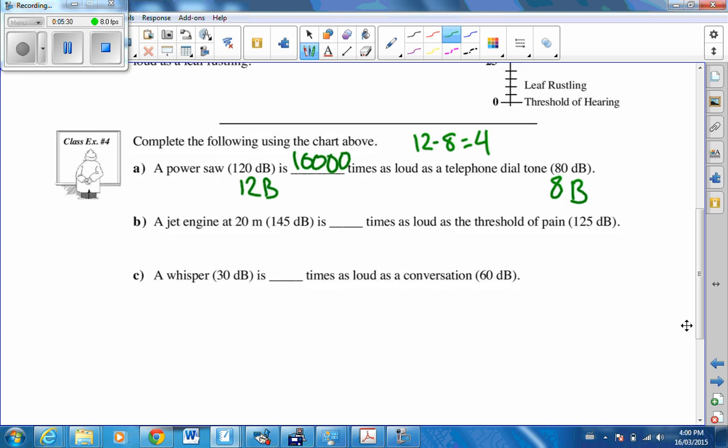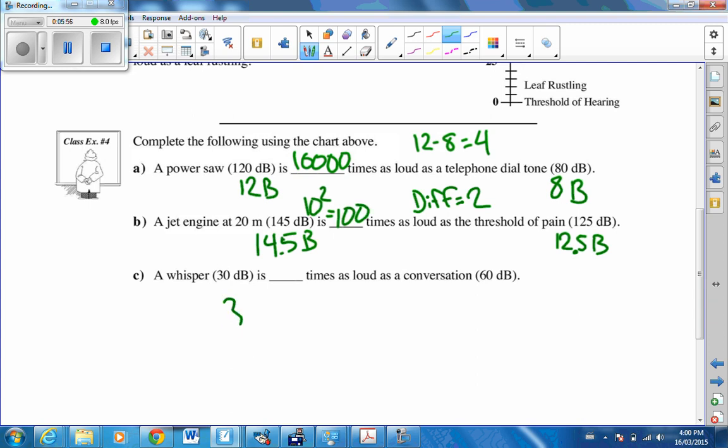Jet engine's 145 decibels, or 14.5 bels. Another is 125 decibels, or 12.5 bels. I subtract them. 14.5 minus 12.5 is 2. So the difference is 2. 10 to the 2 equals 100.